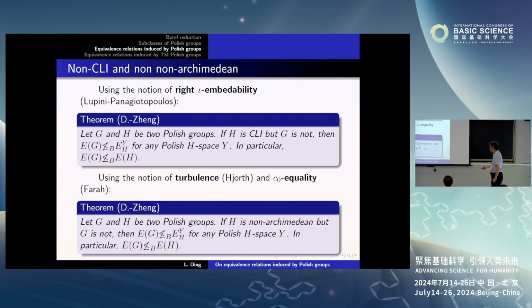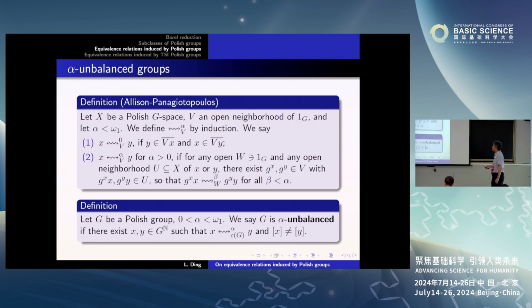We put CH here and get this result. So this theorem and the last theorem are similar, but this one tells me how to characterize non-archimedean groups. Okay, let's go on.